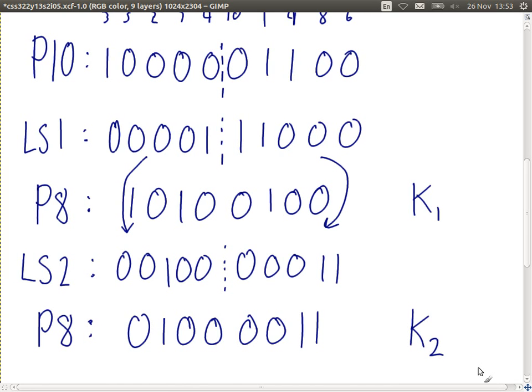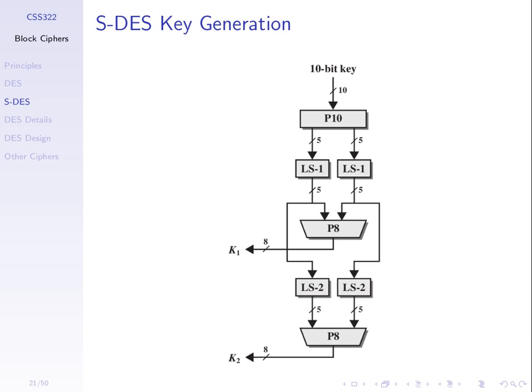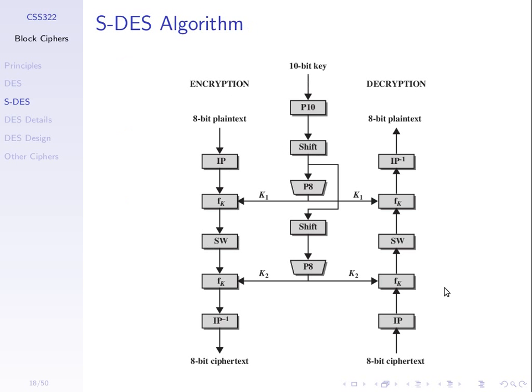This is the key generation stage. We'll use them in a moment. Just go back to put everything into context. What we just did was this middle part. Whenever we have our input key, the user chosen key, we generate 2 round keys, K1 and K2, by P10, left shift, P8, left shift, P8.